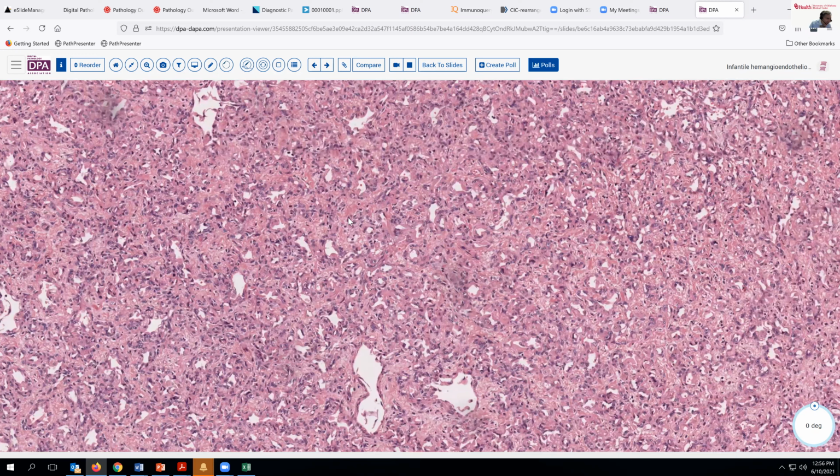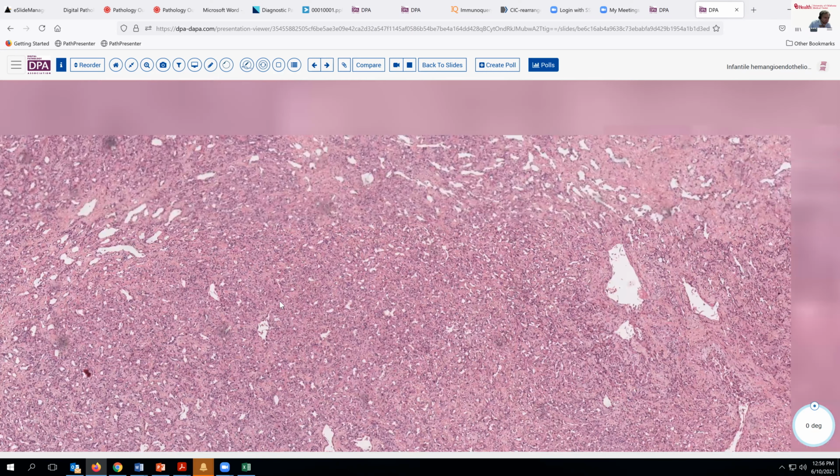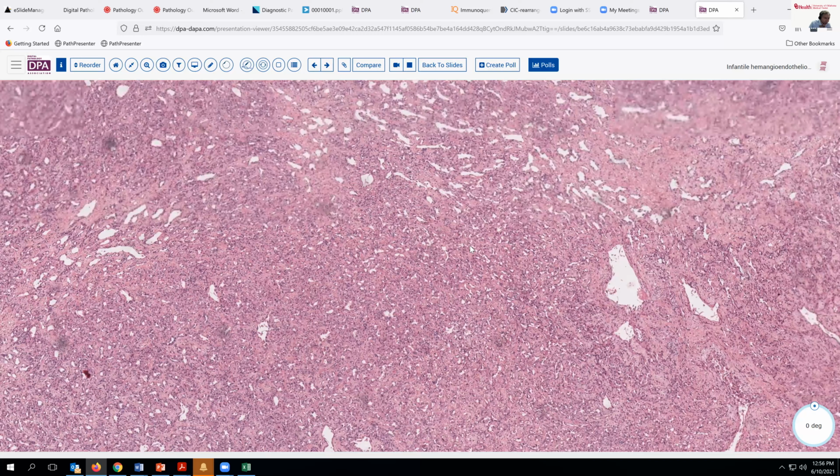Some of these lesions, if they're small, may regress spontaneously. Sometimes, however, there's such a massive flow through these lesions that there's actually a right heart failure because of high output failure. Sometimes they are treated with propranolol, sometimes with steroids.